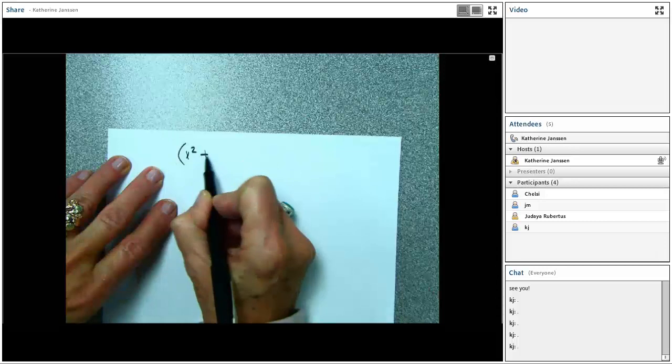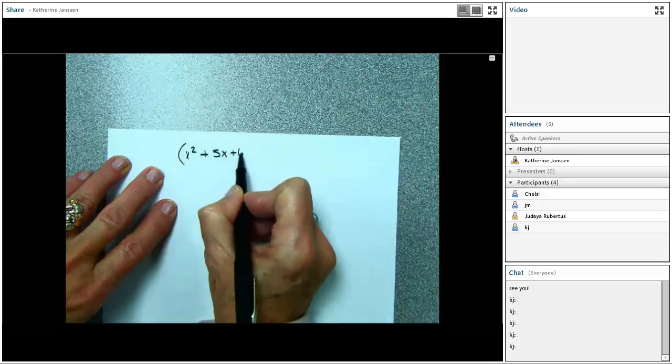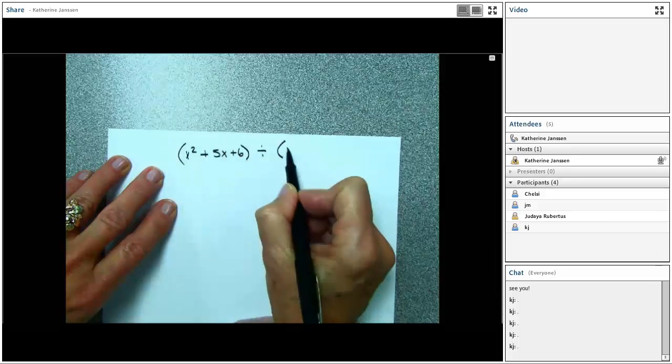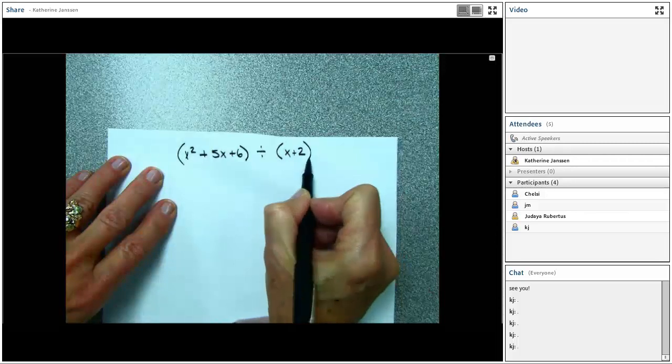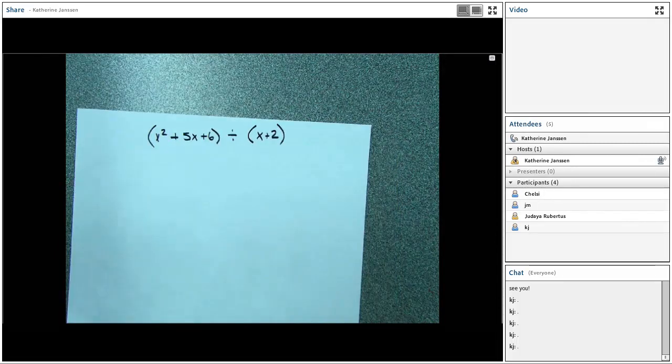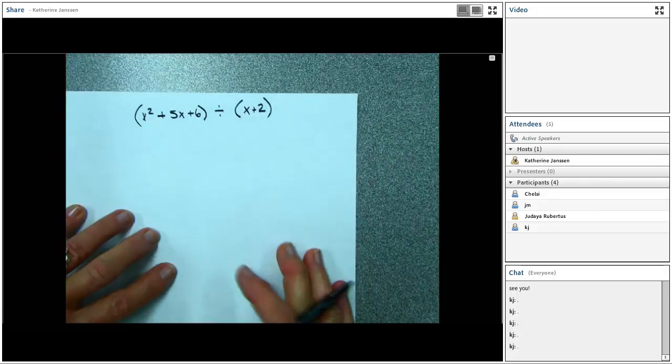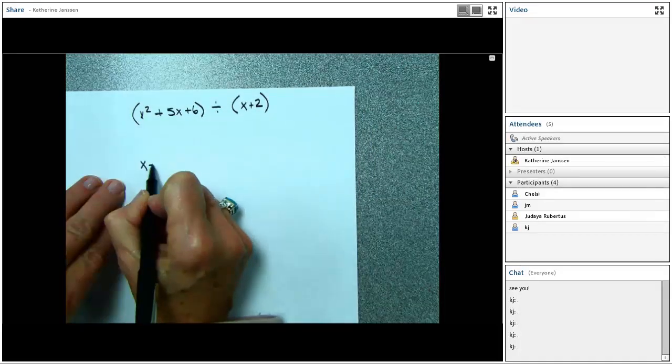x squared plus 5x plus 6 divided by x plus 2. Now I have a trinomial divided by a binomial. Longhand, it looks like this.